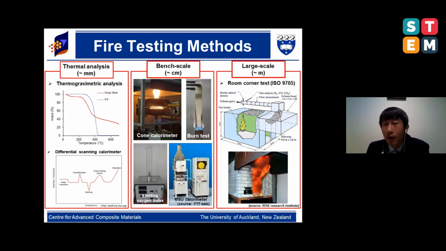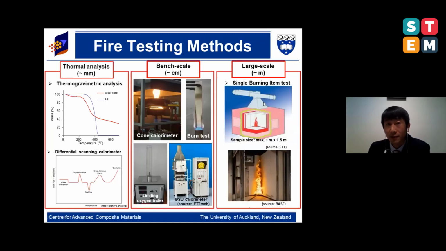And for the final product, we do large scale tests such as the room corner test. Before I introduce the keratinous-based flame retardant, I will briefly introduce the methods of flammability testing.